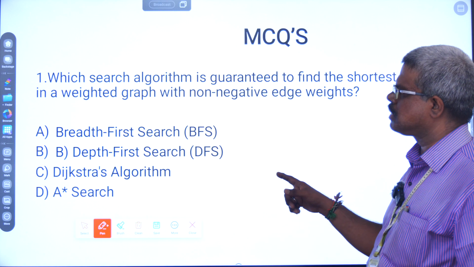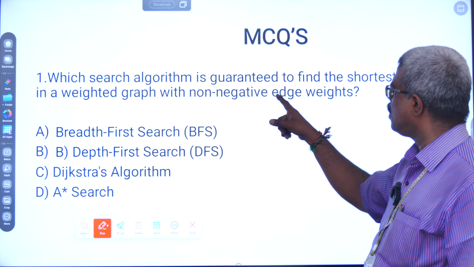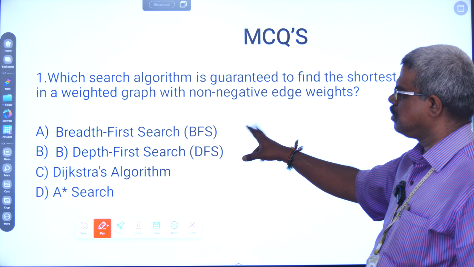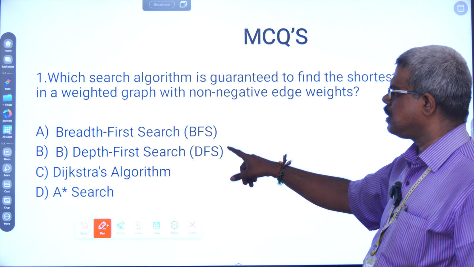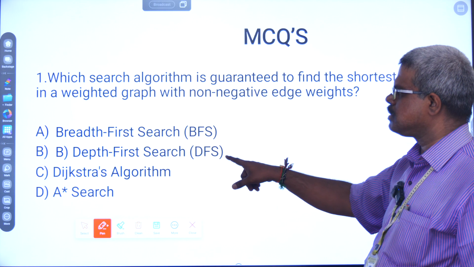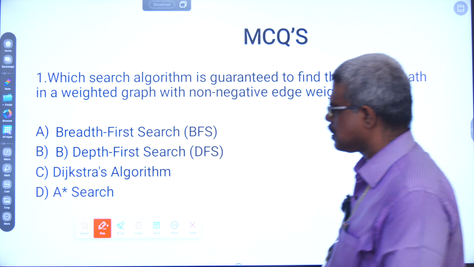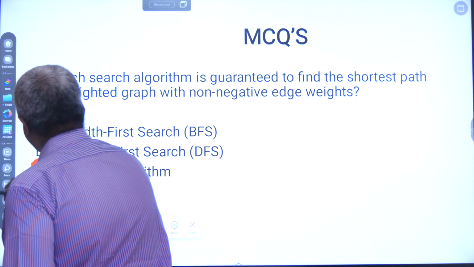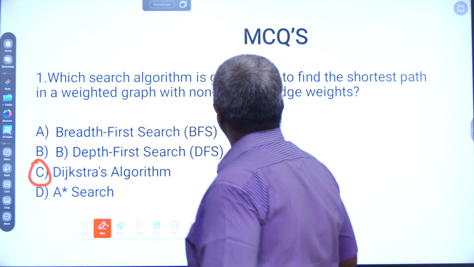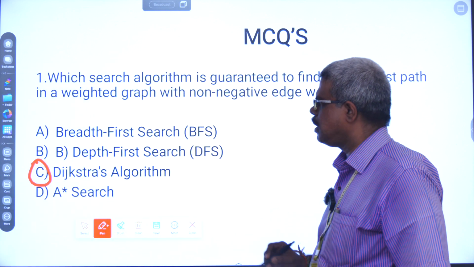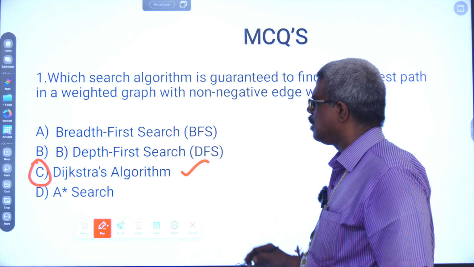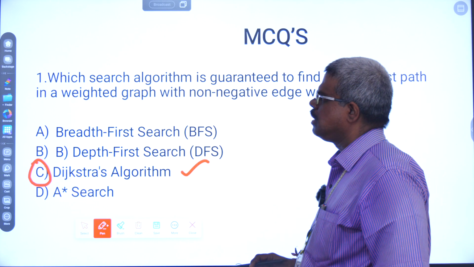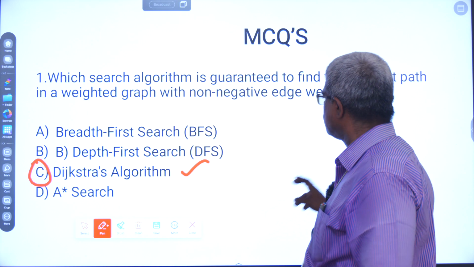Breadth first search is not guaranteed to find the shortest path, so we can avoid this one. Next is depth first search, and the third is Dijkstra's algorithm, which is used to find the shortest path with non-negative edges. So the option is Dijkstra's algorithm.